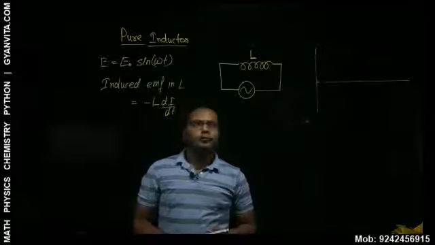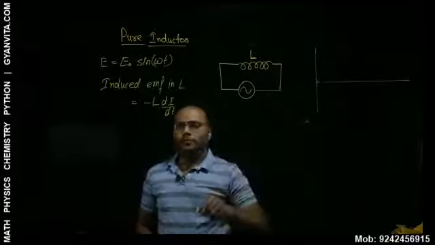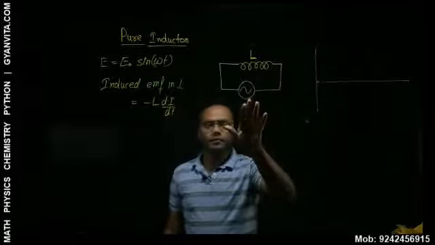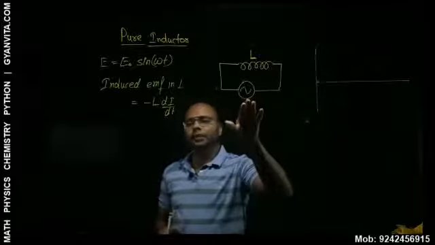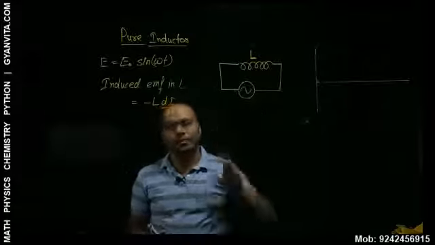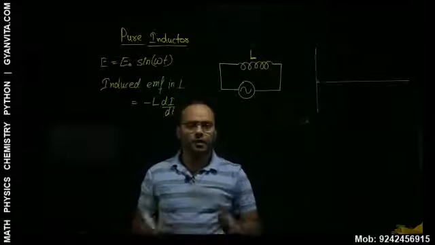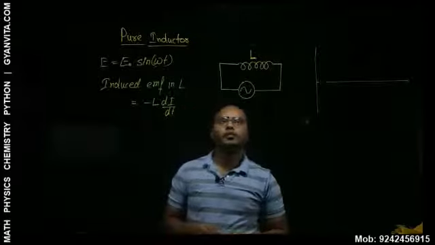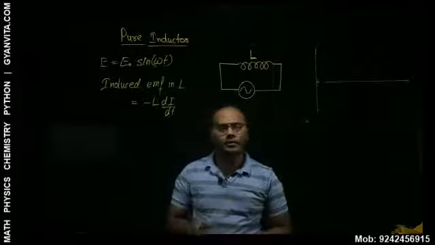Now, if you want to maintain this flow of current, the applied EMF must be equal and opposite to the induced EMF. It may be greater than, or it may be equal and opposite. It cannot be less than that.